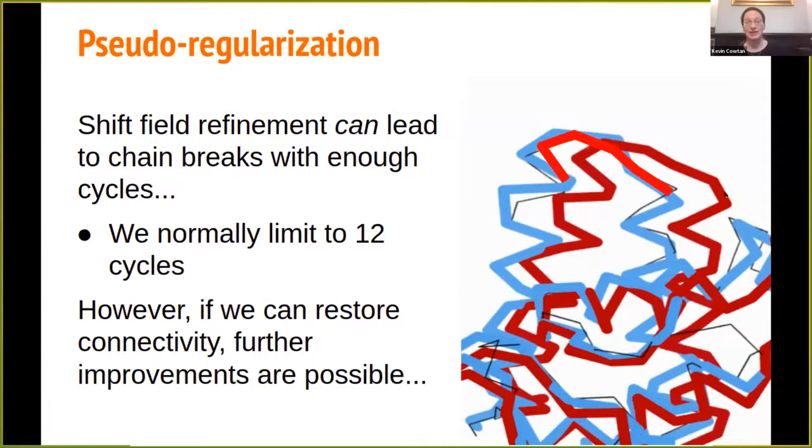So what I do is take each 5 residue fragment in turn from the initial model, which has good connectivity, and move it to the corresponding 5 residues in the shifted model, which has poor connectivity. And then we do this for every overlapping 5 residue segment in turn, merge them all together, and we get a model that's now shifted, but has good connectivity and fairly good geometry.